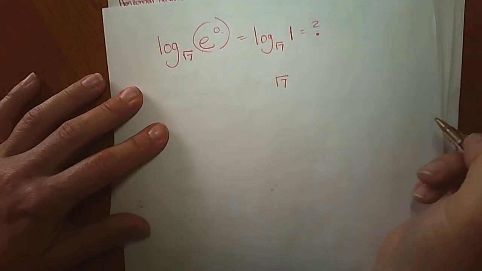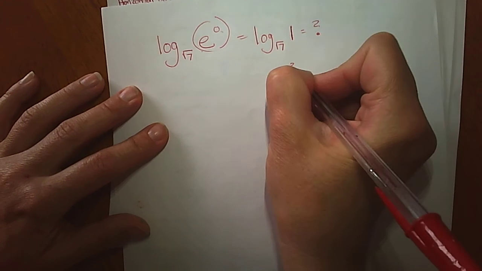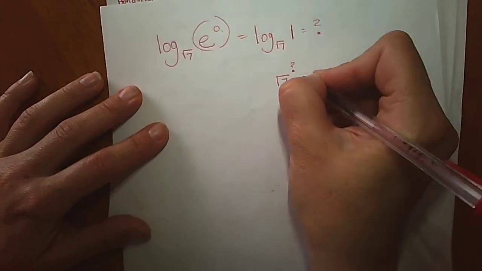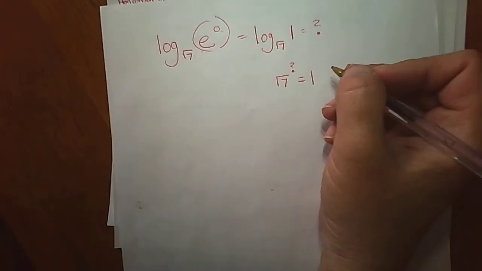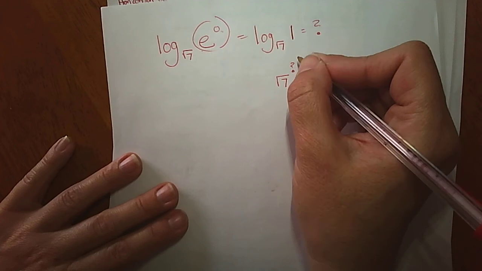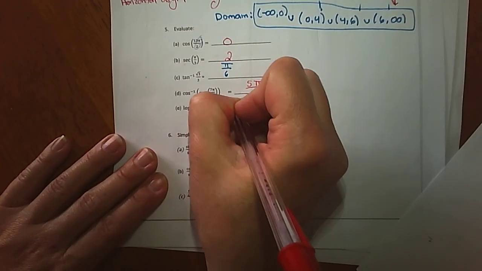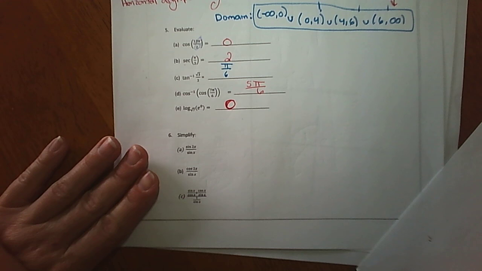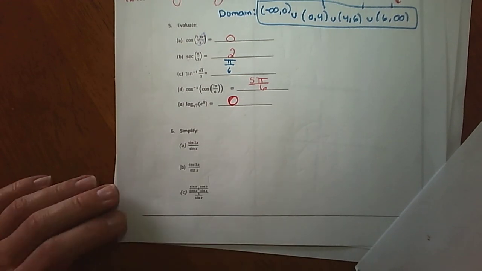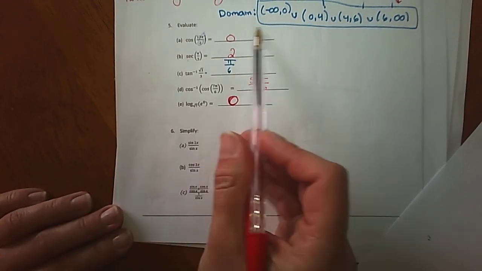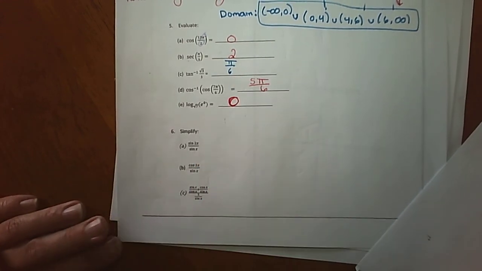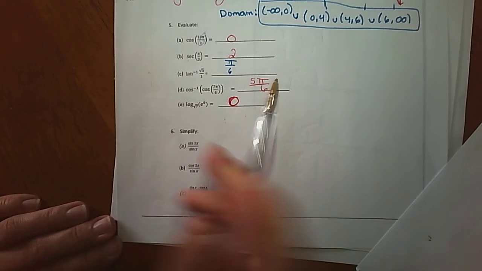Radical 7. The exponent is question mark. Don't know what it is, but it's got to equal 1. What exponent can you raise something to and have it be equal to 1? And that is 0, which I believe I did have on the last worksheet. But we had a lot to review in order to get there. A lot of you did have that, by the way.